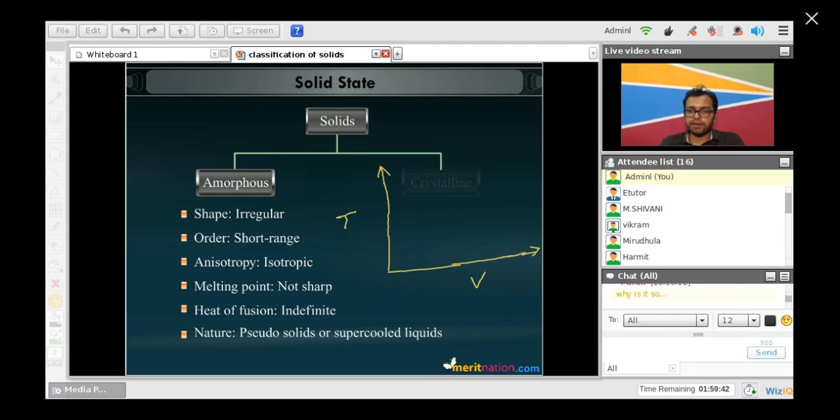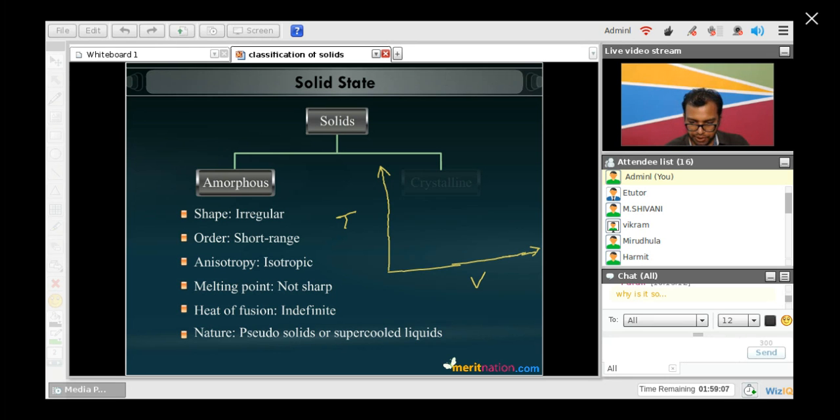So if you are observing the electrical conductivity in case of an amorphous solid, it will change in different directions, right? So you will observe different electrical conductivity in different directions in case of an amorphous solid. Now let's say you are observing the phase transformation in case of an amorphous solid, then the volume of the solid state is minimum.